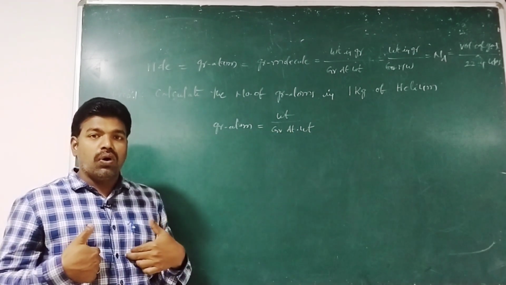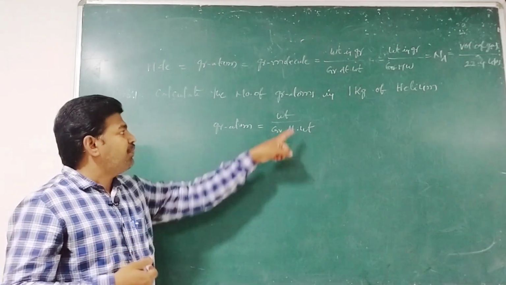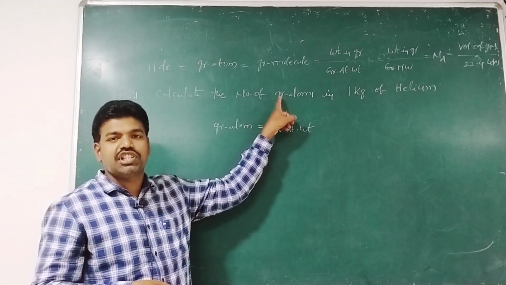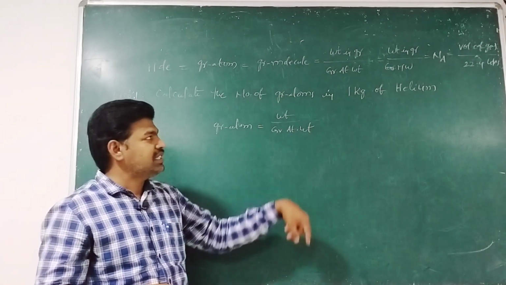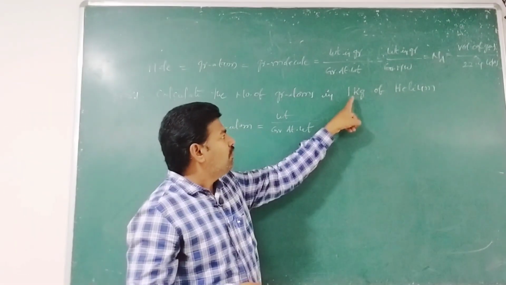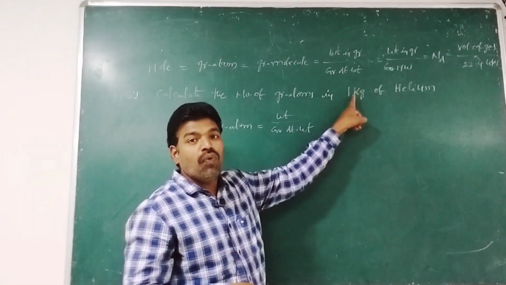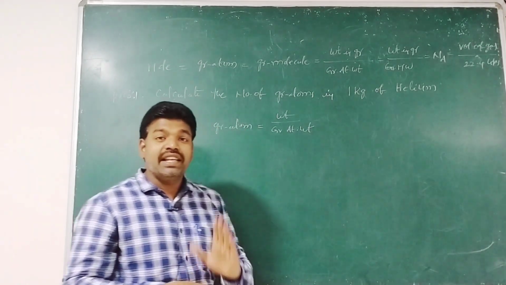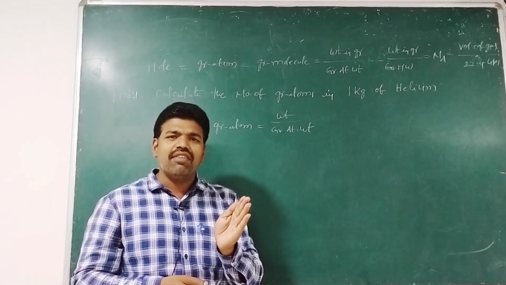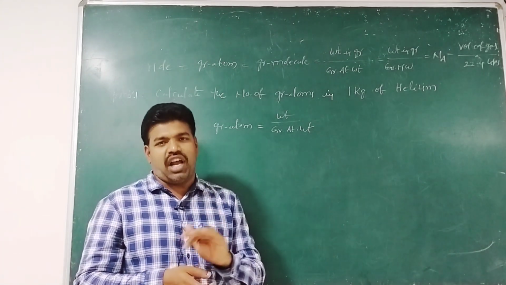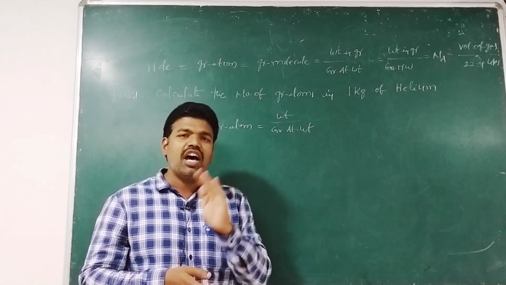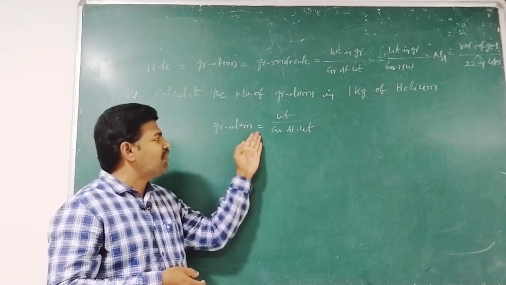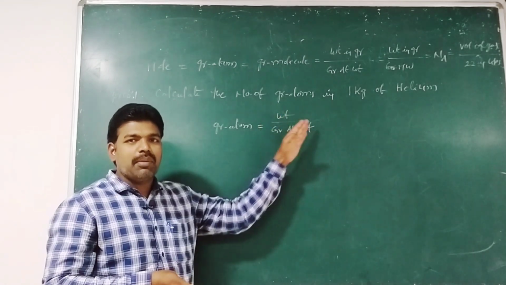How would I know this formula best suits this problem? Because what is given in the problem is 1 kg of helium. That amount is in kgs, and we can convert it into grams. We have the formula gram atom is equal to weight by gram atomic weight.